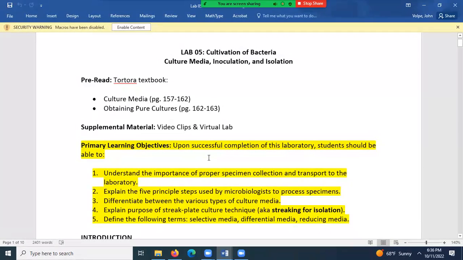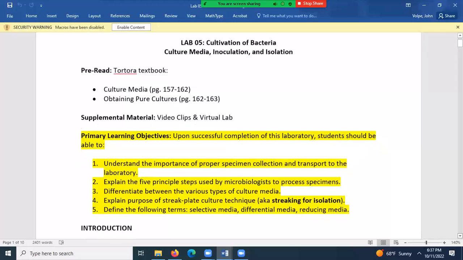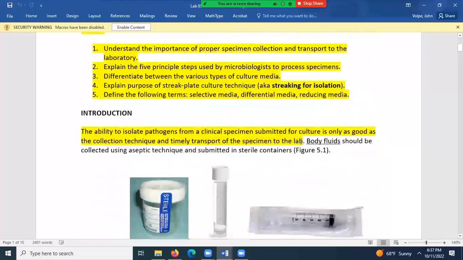All right, your learning objectives. Upon successful completion of this lab, you should be able to: 1, understand the importance of proper specimen collection and transport to the laboratory. 2, be able to explain the 5 principal steps used by microbiologists to process specimens once they're received in the lab. 3, be able to differentiate between various types of culture media. 4, explain the purpose of streak plate culture techniques, aka streaking for colony isolation.